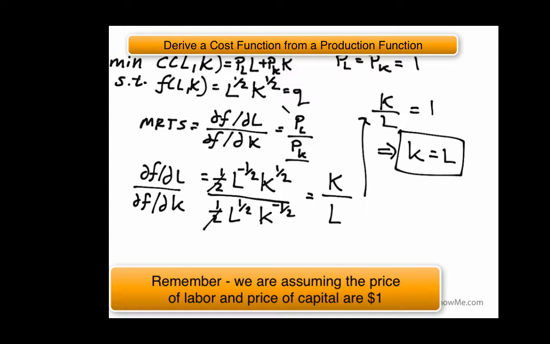So we'll move to a new page here and use this fact to find K and L as a function of Q. Remember our production function is f of L, K equals K to the 1/2 L to the 1/2. I wrote it the other way last time, but this will be fine too. And that's for any given level of quantity.